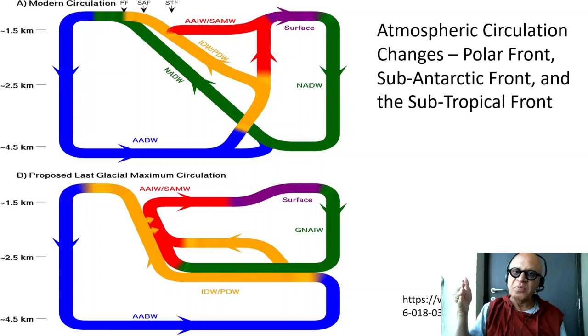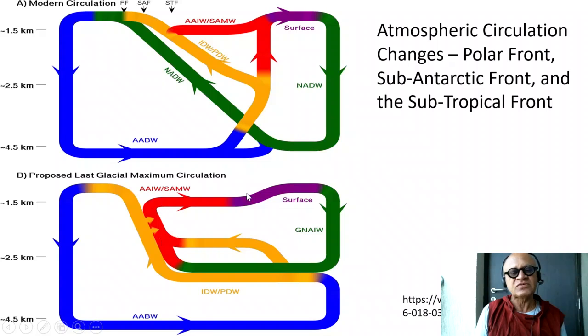The cold phytoplankton species that happen at the polar front were pushed way further down into the North Atlantic. So you'd have affected the meridional overturning and the deep water formation. So this is what it is saying here.